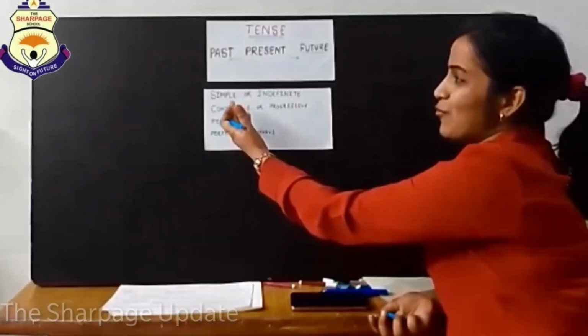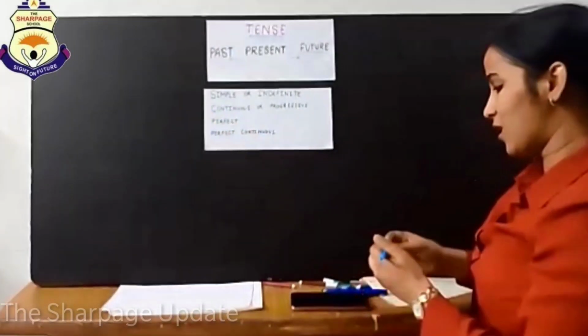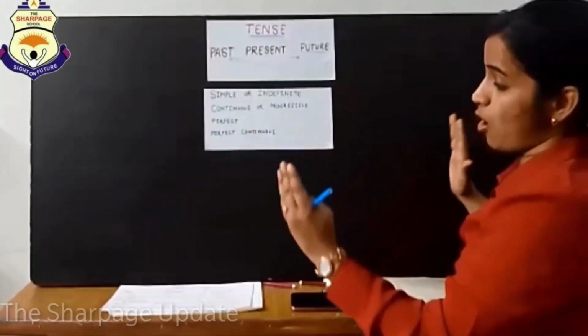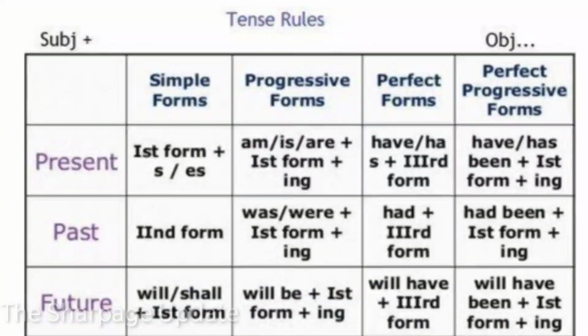As I told you before: simple, continuous, perfect and perfect continuous. So they all become 12 siblings. I'll show you all 12 together. So these are total 12. Now let's learn all the tenses one by one. Let's start with the present tense.